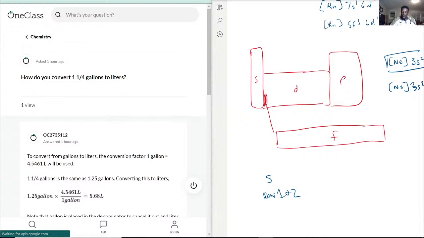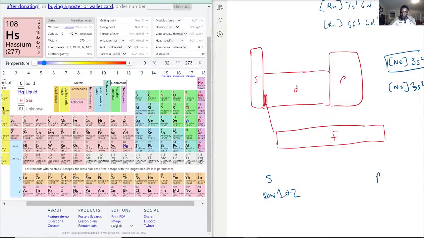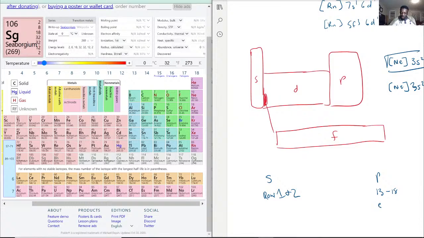And the p coincides with the latter half of the periodic table, pretty much starting at group 13 through 18, excluding helium. Helium is the only one that counts as 1s2.